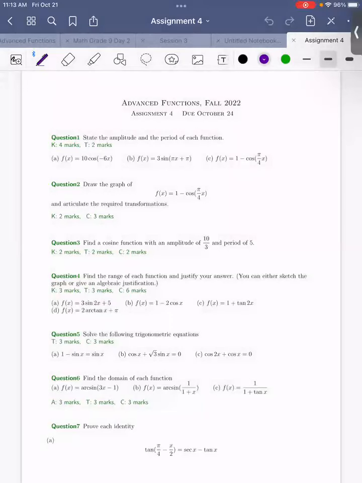For example, what is the amplitude for part A? Tell me. It's easy. It's just written there. 10. It's 10.